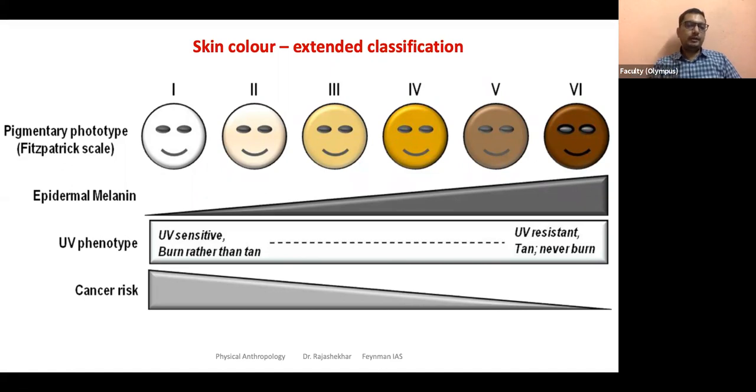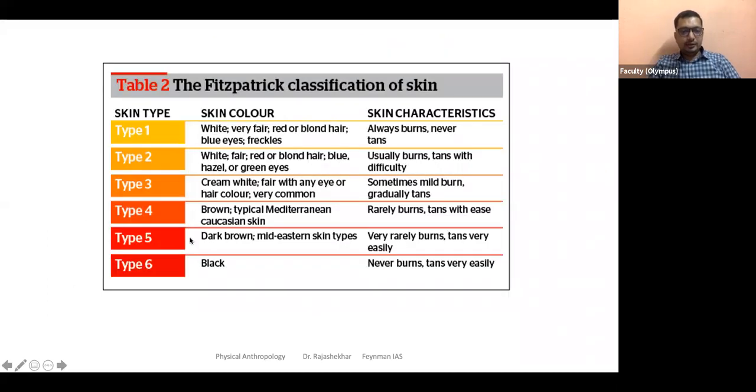So like that, people can be classified into not one, multiple groups, as you see 6 classes here, based on melanin pigmentation and UV sensitivity. So they classified them into 6 subgroups.